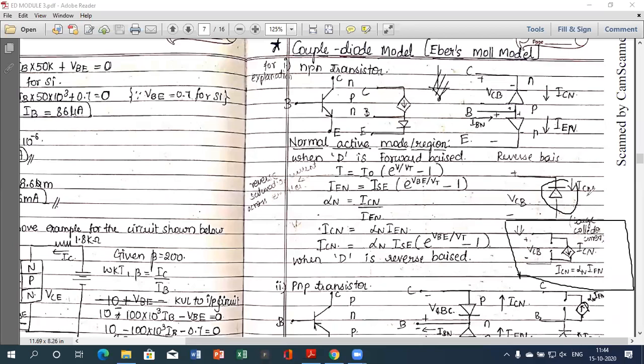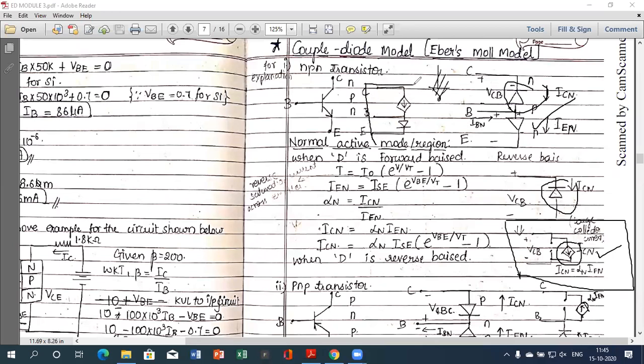Because of that, this current is represented by one current source, which we call ICN. The diode across the base to emitter is already forward biased, so there is no need to replace it.